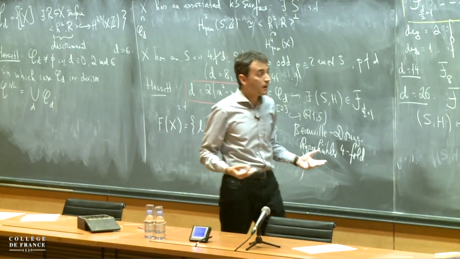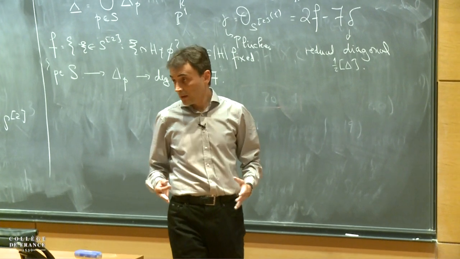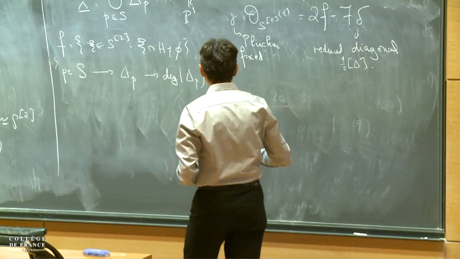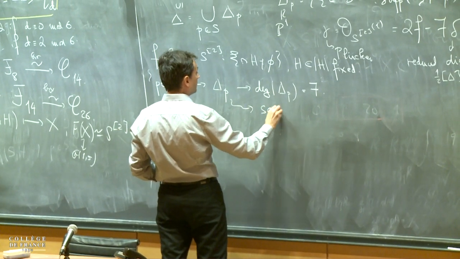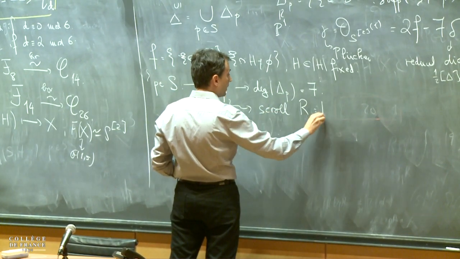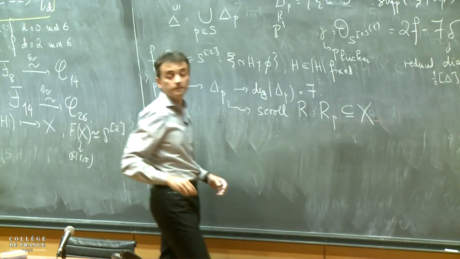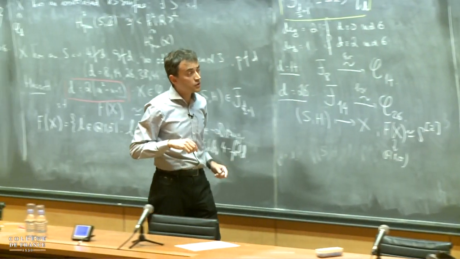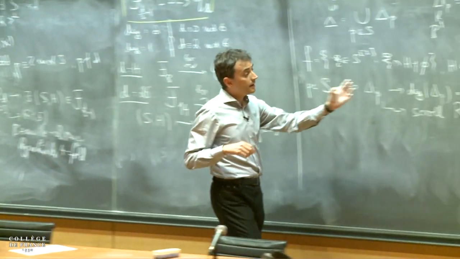And now using the correspondence between rational curves in the Grassmannian and scrolls, delta P corresponds to a scroll R, which I call R index P, that is contained in X. So to any point on the associated K3 surface, you associate a septic scroll.